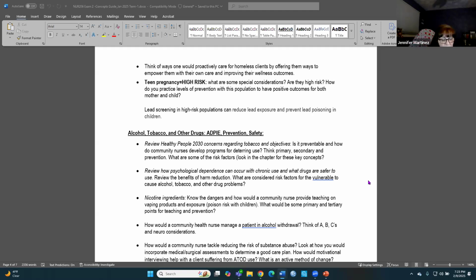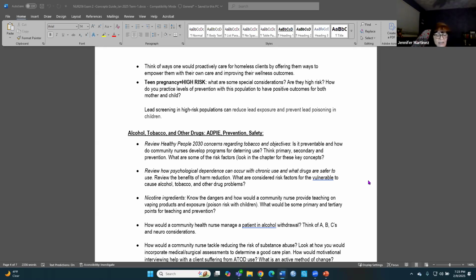And so alcohol, tobacco, and other drugs are the leading national health problem right now. They cause more deaths, illness, and disabilities than any other health problem that we have. And there's a variety of different drugs out there, right? You have stimulants, you have depressants, your illicit drugs, your legal drugs like marijuana.